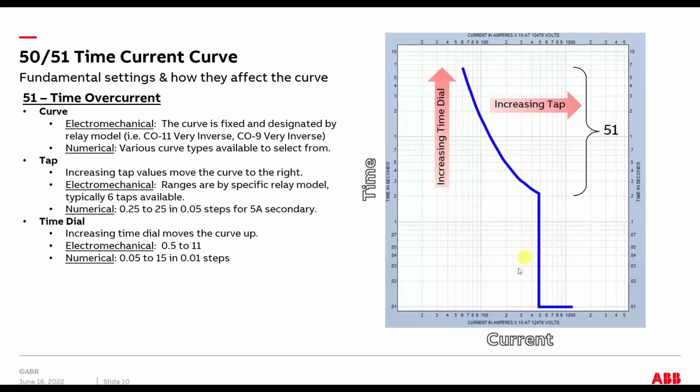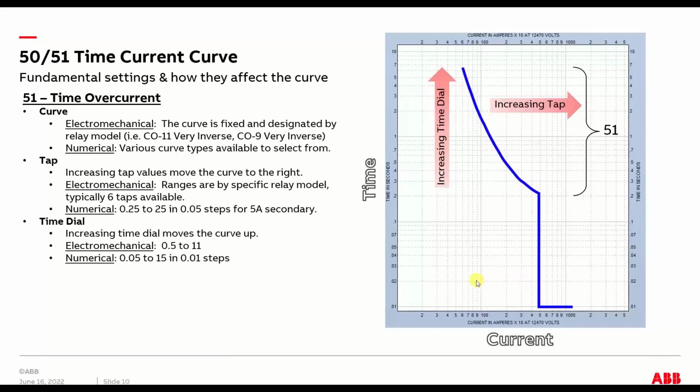The x-axis is current, and the y-axis is time, and it's all increasing from 0, 0 at the origin. So going to the right is increasing current, going up is increasing time, and this blue line represents the line at which the relay will decide it needs to trip.